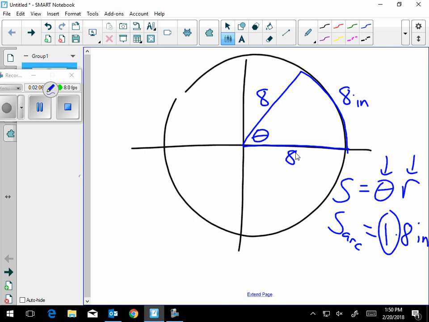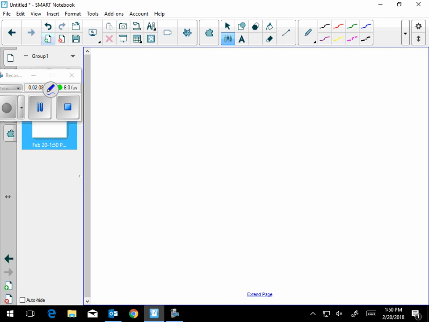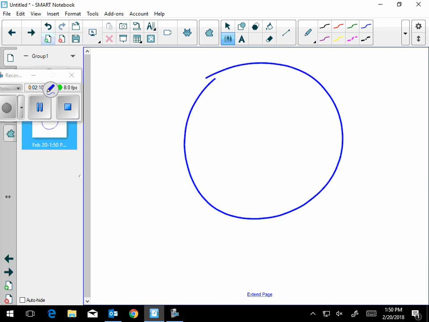All right. Now, let's do one backwards where I say the arc length is 12. Either I could tell you the radius, or I could tell you the angle.